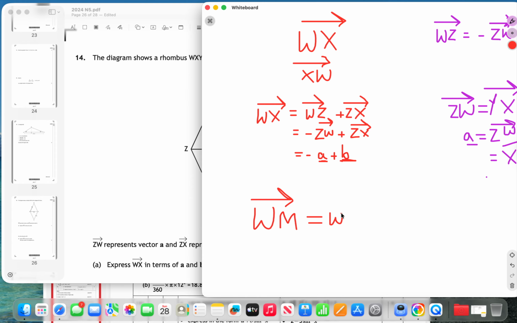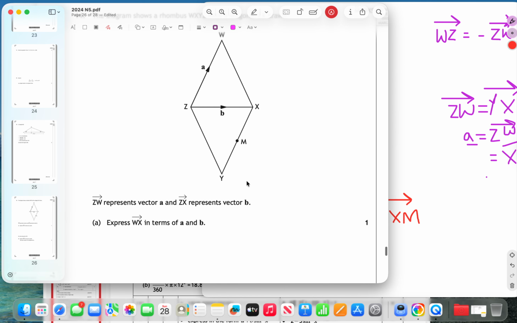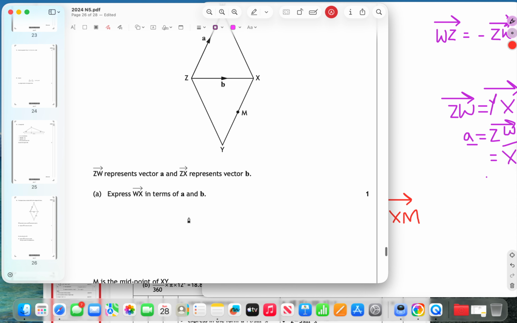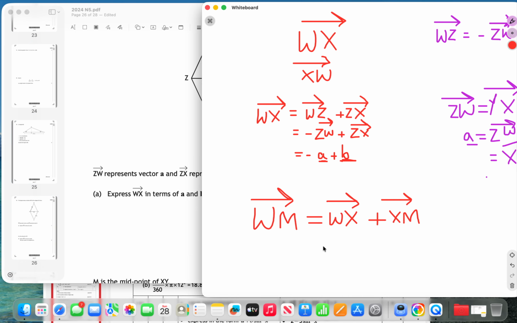So what we can then write is we're adding the vectors. We're going W to M has to be W to X plus XM. So WX plus XM. But XM is 1/2 of XY because M is the midpoint of XY.